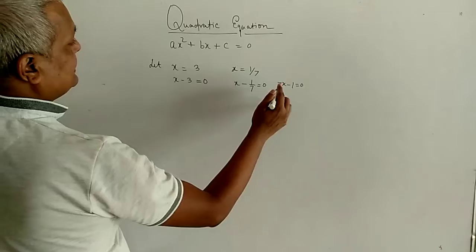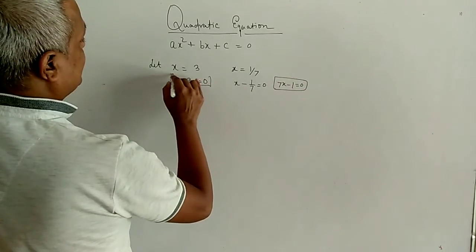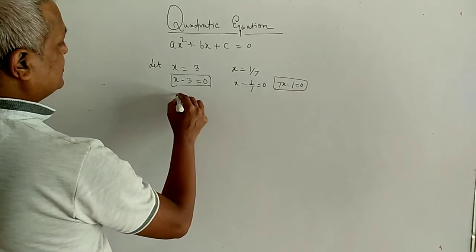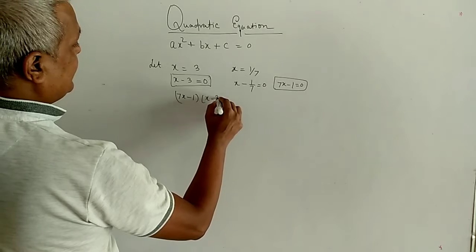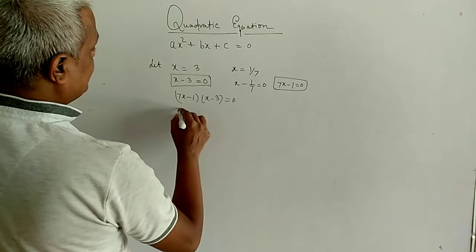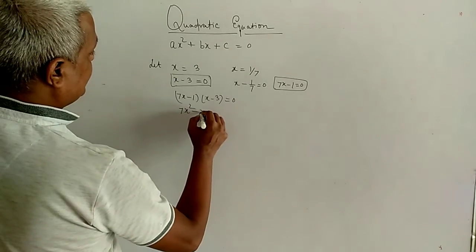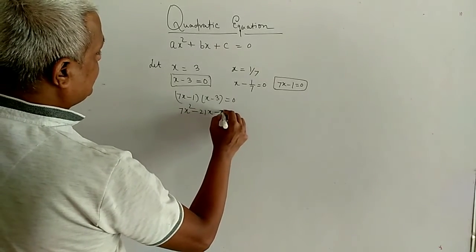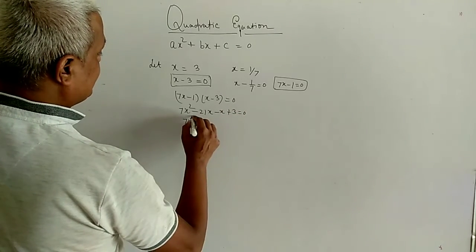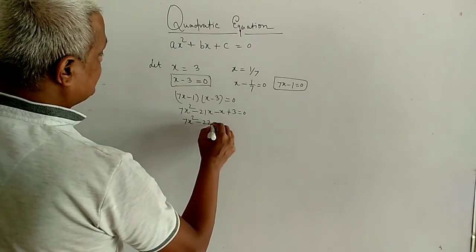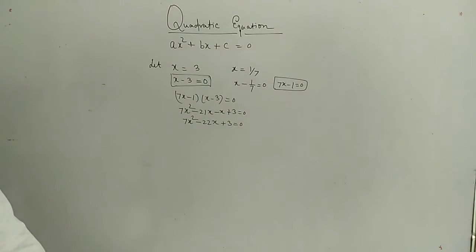If you multiply these two linear equations, you get a quadratic equation. So 7x minus 1 multiplied by x minus 3 gives 7x square minus 21x minus x plus 3 equals 0. So 7x square minus 22x plus 3 equals 0.